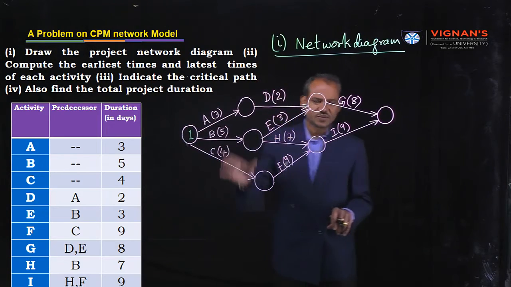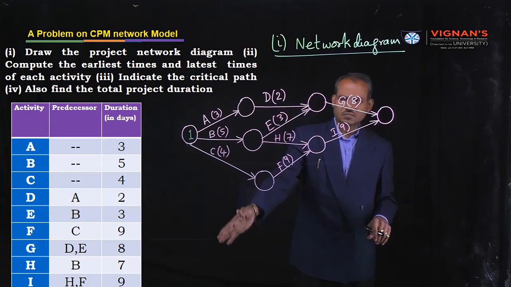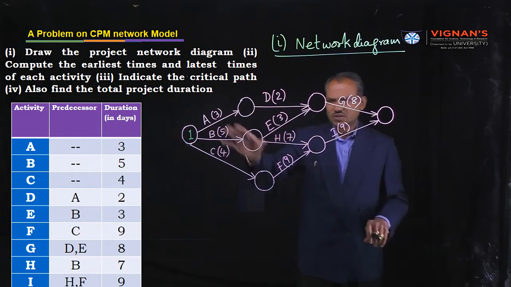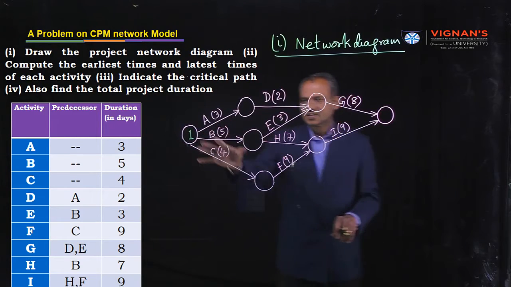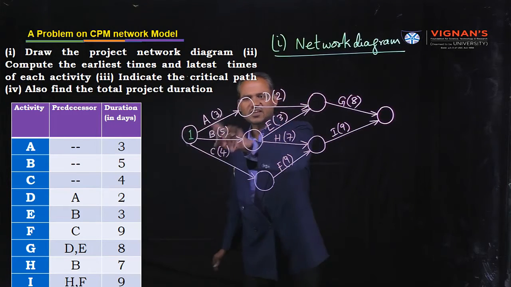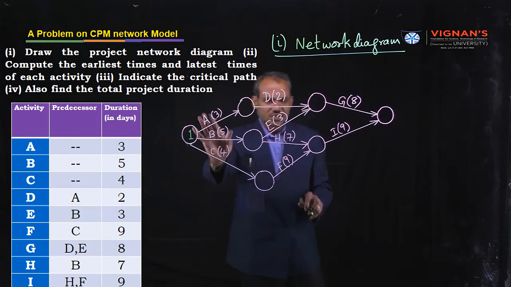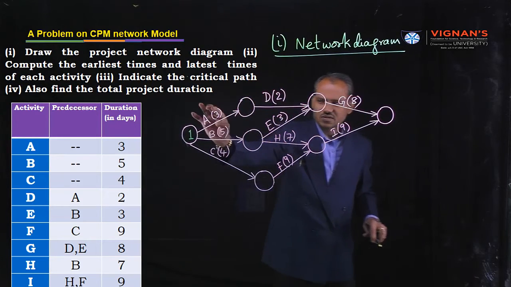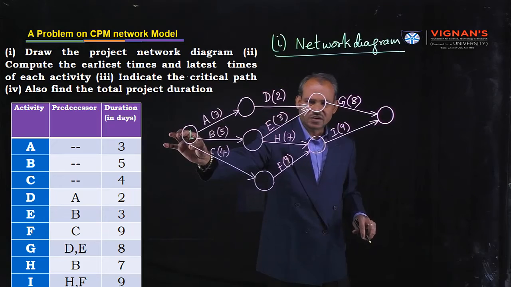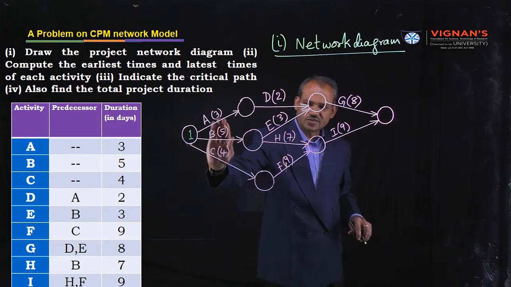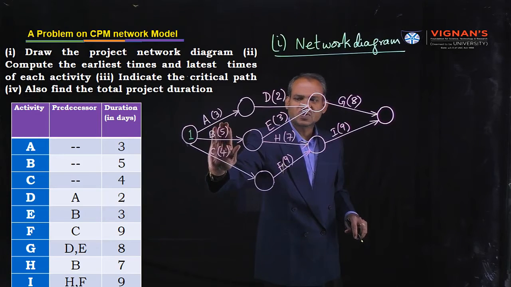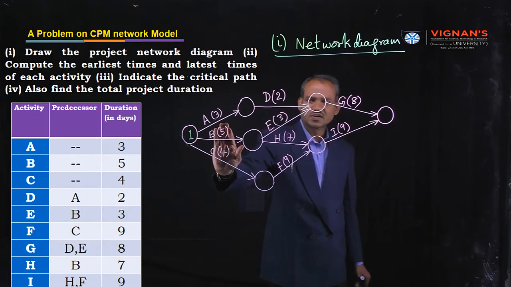Usually we follow from top to bottom, not from bottom to top. So the starting arrow is activity A. Therefore, consider this arrow coming from node 1. Ignore the remaining 2, that means B and C.